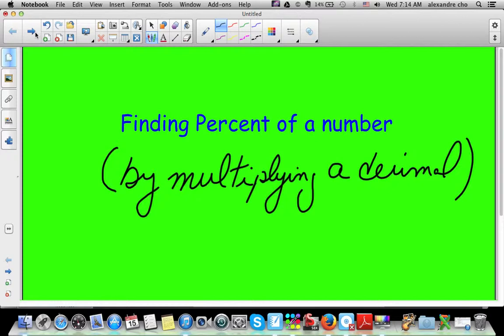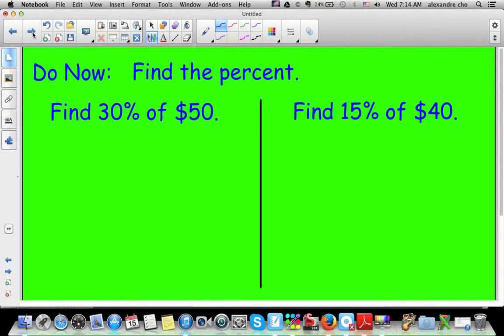Okay, so there's a simple do now. You don't need a left side today, because I want you to focus on the problems later. So for now, I want you to just go to the next page and do these two very simple do nows. And change that.